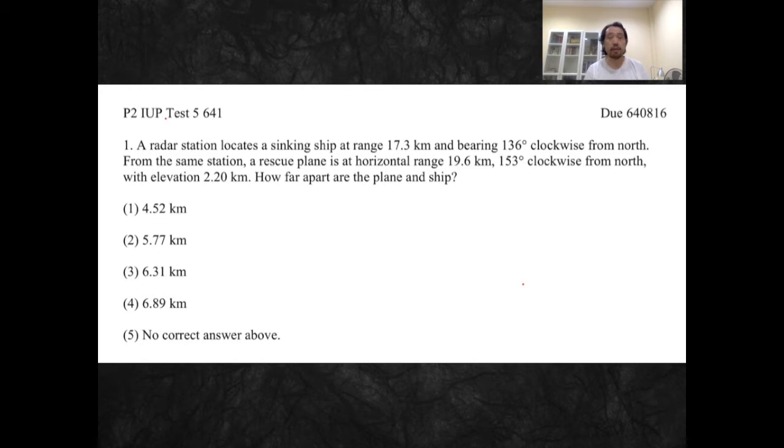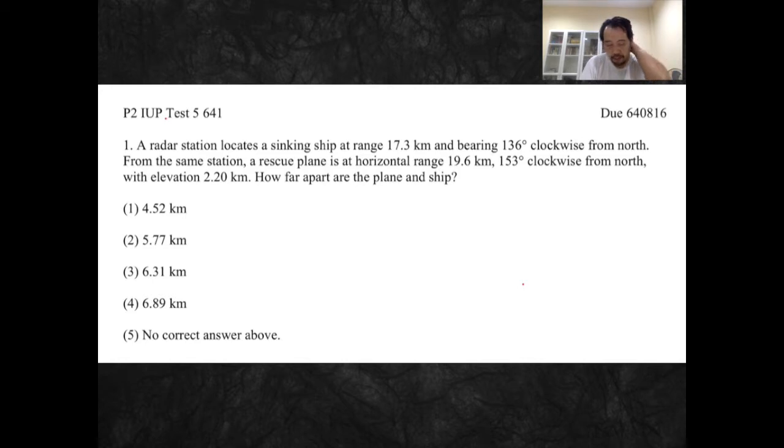For example, if you want to specify the position of an object, you have to specify how far that object is from you and in what direction. Okay, and we use vector to do this job.